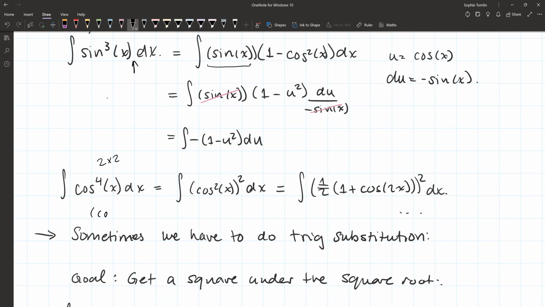We want to have our cos squared of x in the middle, and then times the other power out here. So then we would use this as our half angle formula, which is going to be this guy here. And then you would continue with substitution as well.